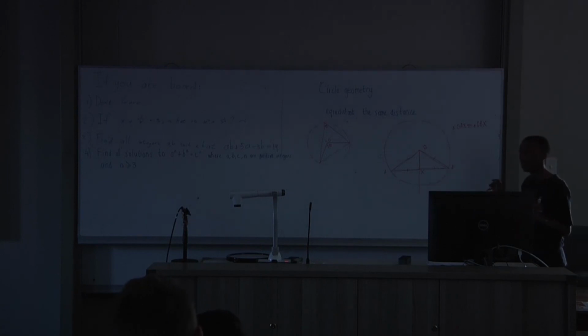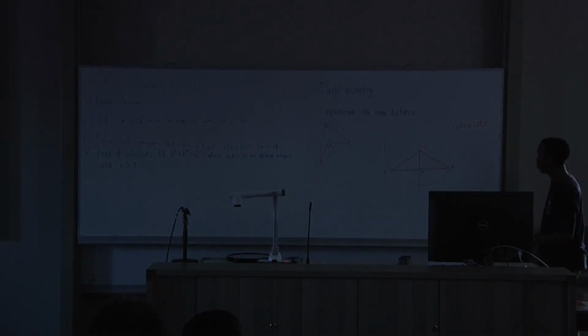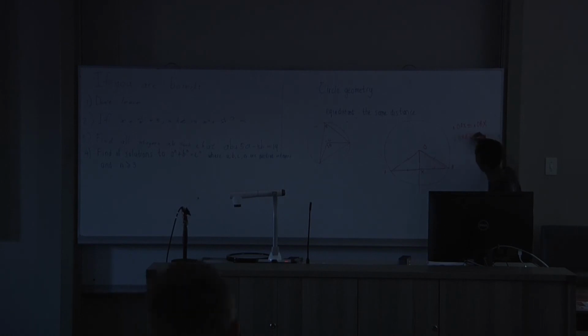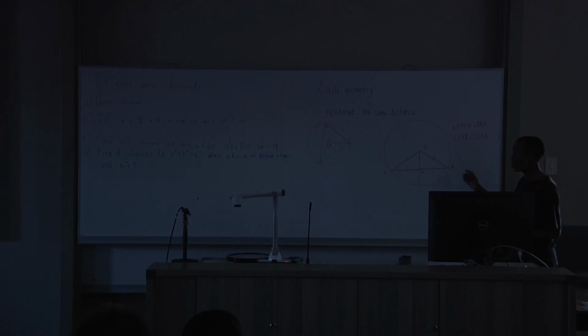Everyone can see why these two are equal. Therefore, we know that angle OXA is equal to angle OXB, because if triangles are congruent, not only the sides but also the angles are the same.